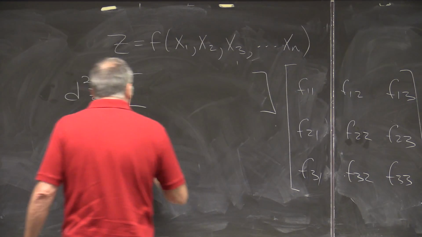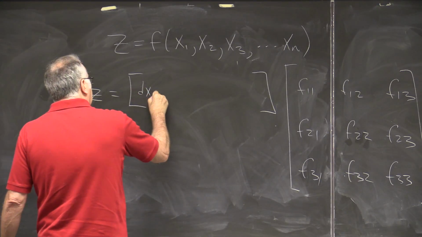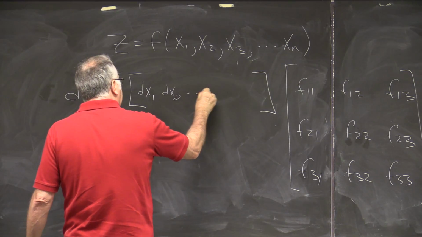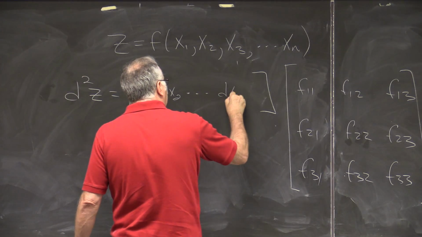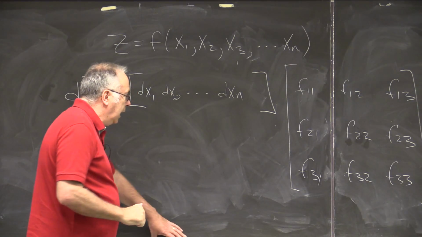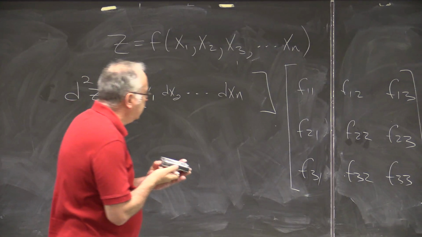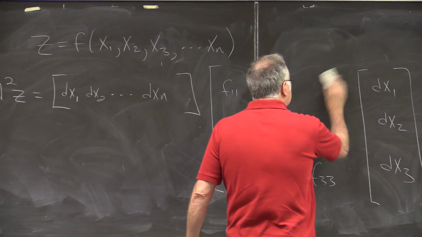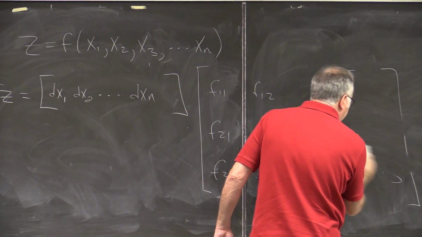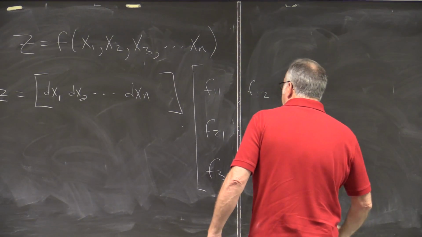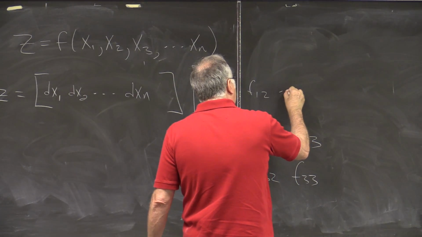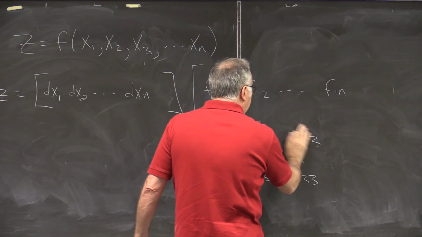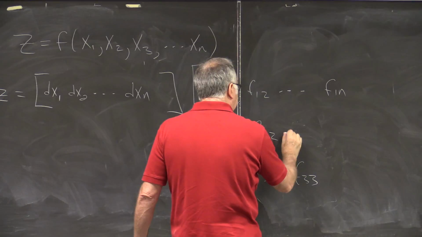This first row would be dx1, dx2, dot, dot, dot, dx n. And this matrix would now be this. It would be the full Hessian matrix for the n by n case. This would go, let me erase that and just do dot, dot, dot.